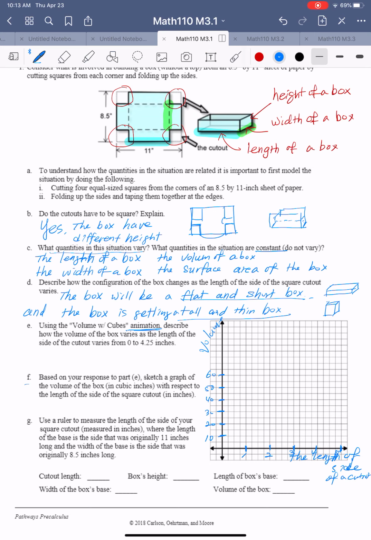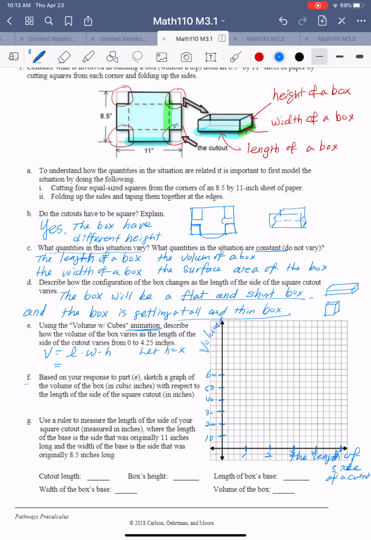So the volume of the box is going to be length times width times height. The length depends on the cutout. Let's say the cutout is x. If you look at the side of the paper, there's a 1x and a 1x on each side, so 2x is the cutout.